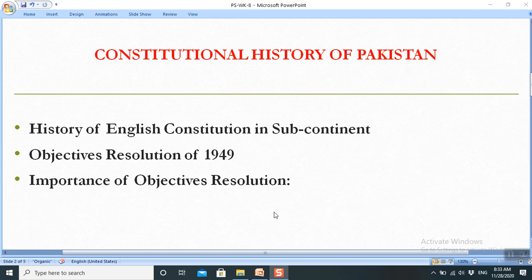Now we come to the history of the Pakistan constitution. The modern constitution is under Western political thought or the Western system of government.